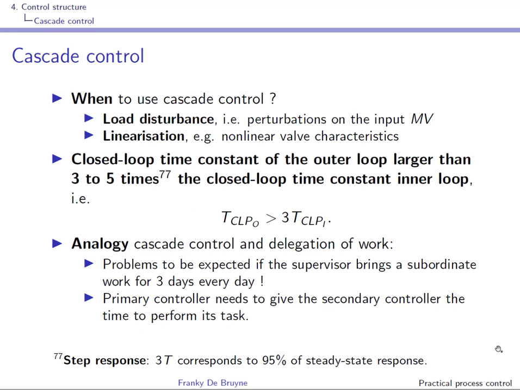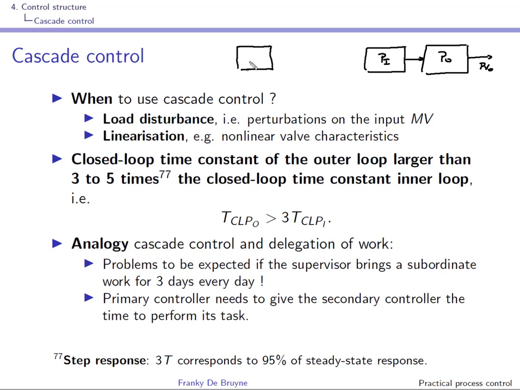So it is the inner loop in series with the outer process. When should we use cascade control? Well, let us return to our process that is composed of an outer process and an inner process, and let us assume that we use a single loop controller.